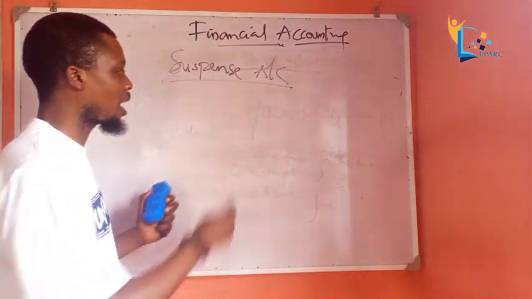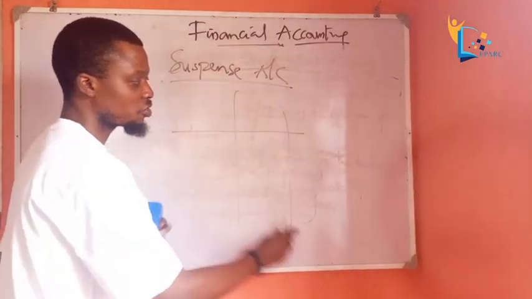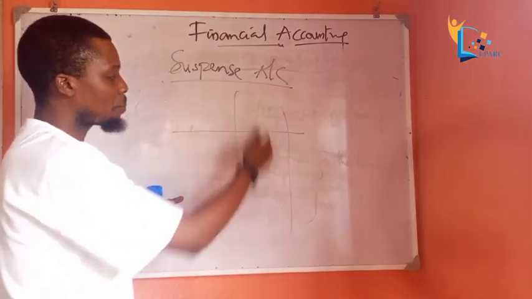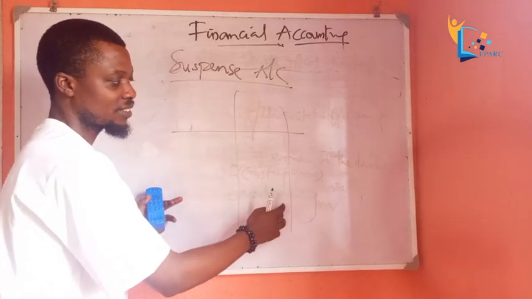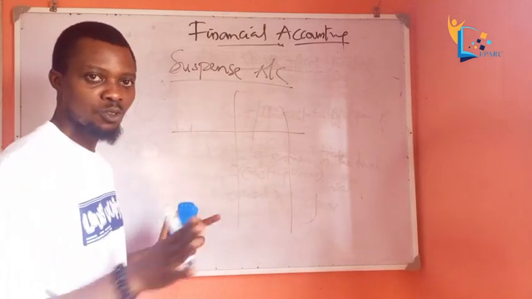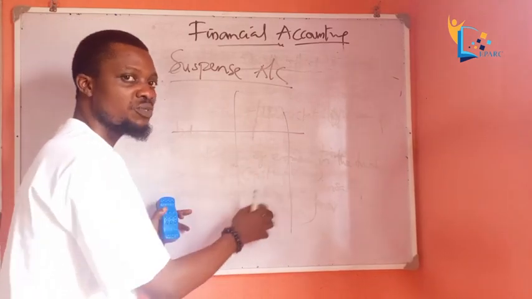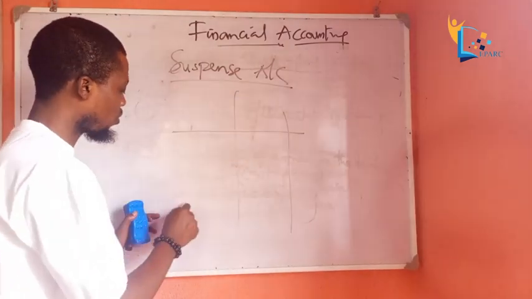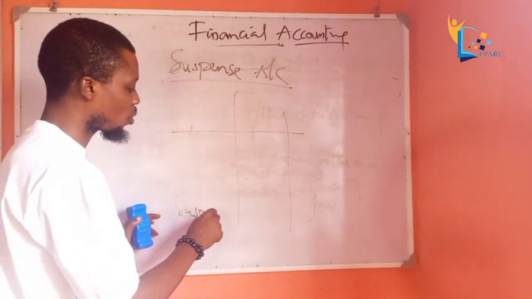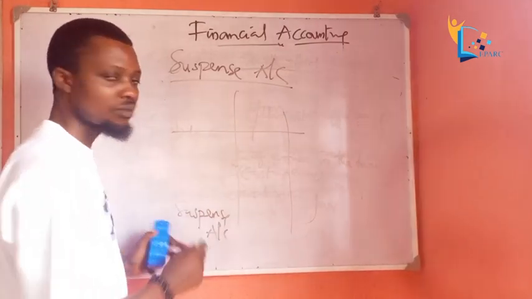When drawing up the trial balance after postings, normally your trial balance is supposed to balance, but when you notice a difference, that difference will be recorded under, carried to, what we call the suspense account.